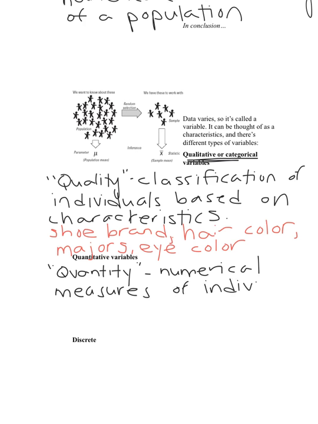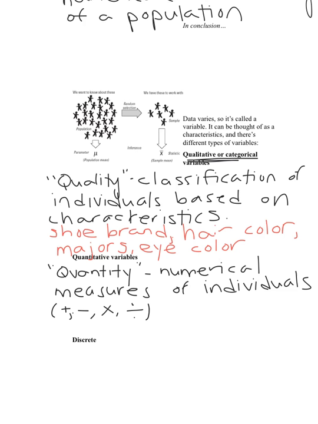We have to be careful, because when we're talking about numerical measures of individuals, we have to make sure that we can perform operations on the values of the variable. For instance, a phone number is definitely a numerical variable, but it's not a numerical measure.